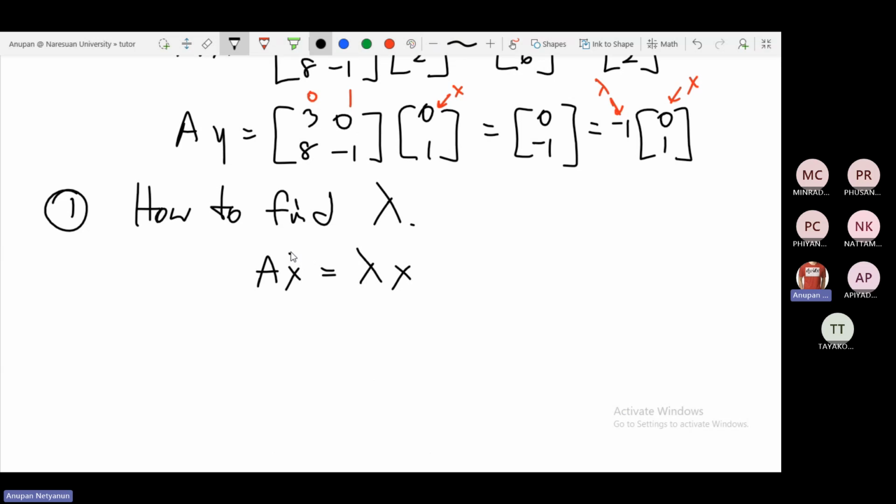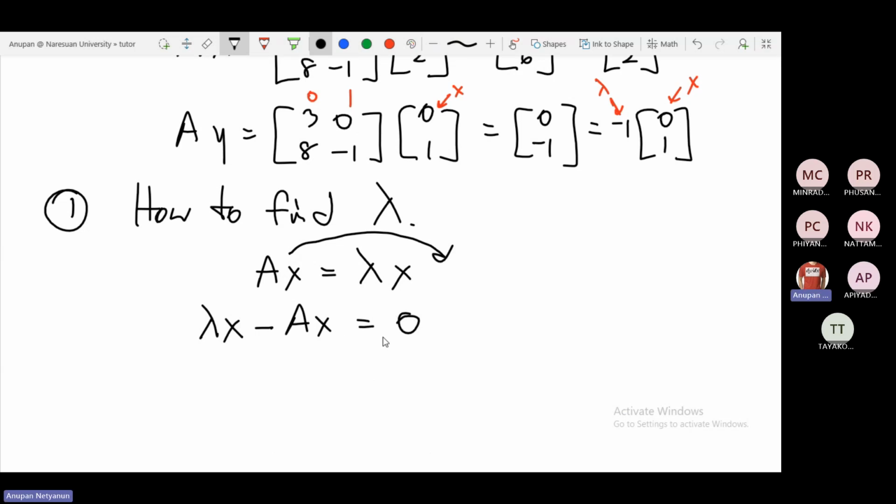I'm trying to make it the same as the notes. So let me move this guy to this side. So I'm going to have lambda x minus Ax equal to 0, right? You have lambda x minus Ax, and when you move this to this side, the left side becomes 0. So I write it on the right hand side in this row here.